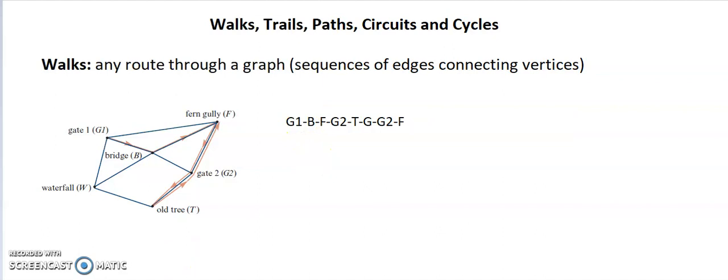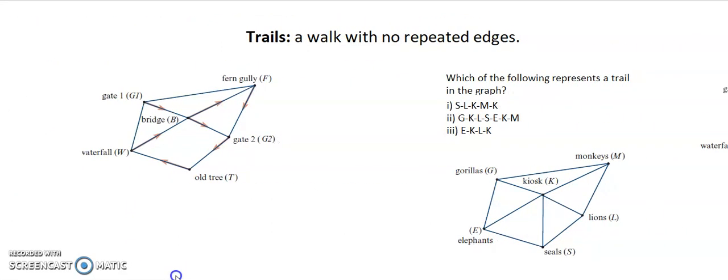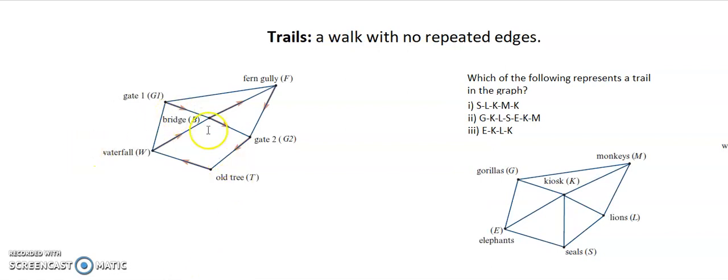If we move on and look at a trail, a trail is a walk with no repeated edges. So again, if we've got no repeated edges, we can still have repeated vertices. As you'll see, when we're traveling, we're starting at G1. We are then going to B. We are then traveling to G2.